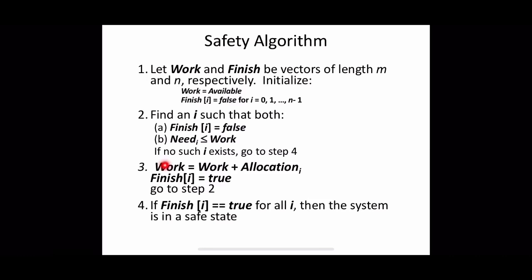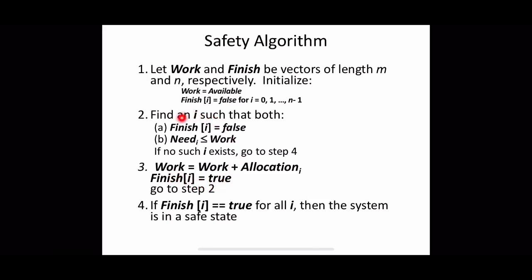That is why we are doing Work equal to Work plus Allocation here. Process Pi completed, so all the resources allocated to it will be released now. That can be added to the free resources. That is why Work equals Work plus Allocation[i], and the corresponding Finish[i] value will be updated to true.